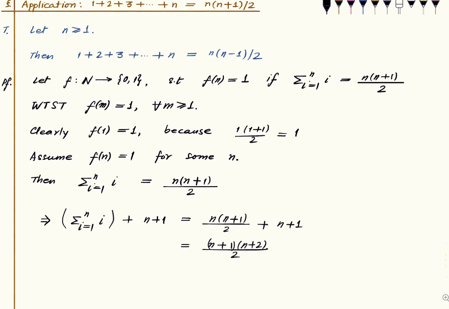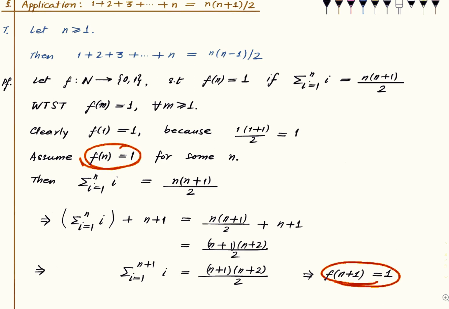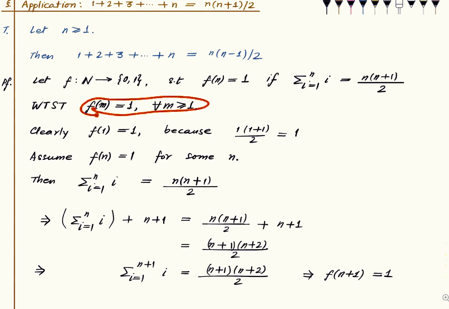But what is the left hand side? It is the sum of the first n plus 1 natural numbers. And therefore, f(n+1) is also equal to 1. So if we start with this assumption, we land here, and now by weak induction, f(m) is 1 for all m. That's all.